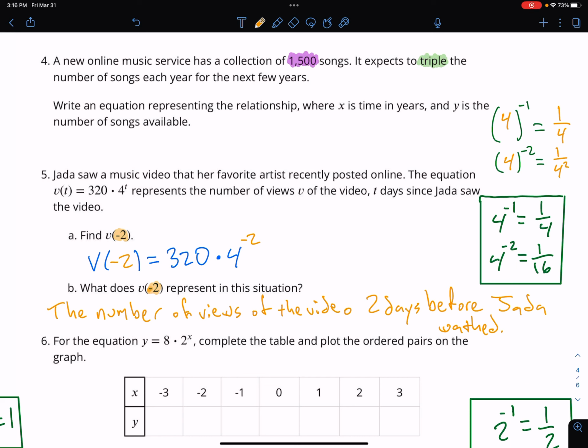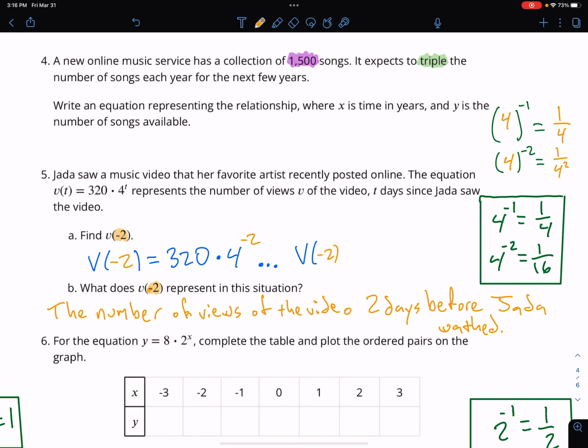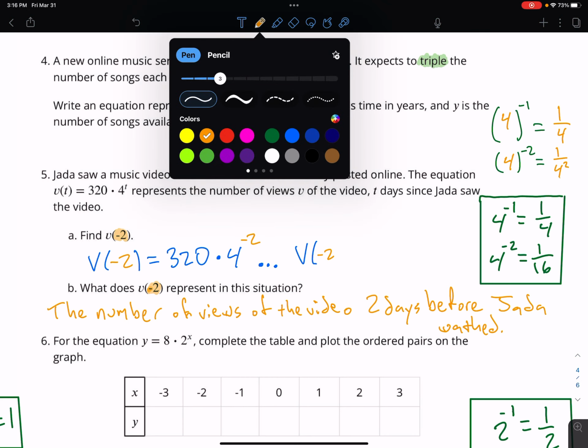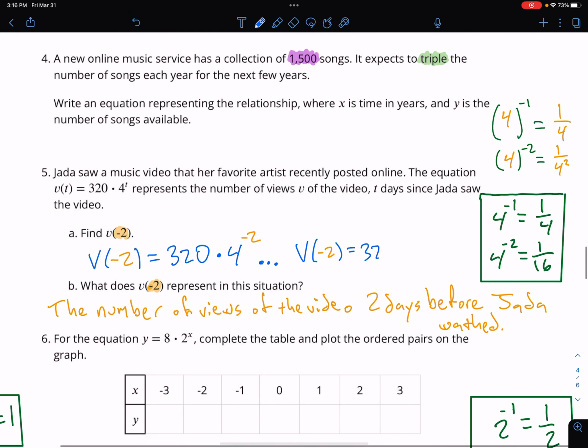So V of negative 2, therefore in mathematics, equals 320 times 1/16.